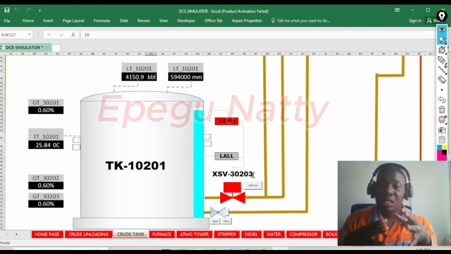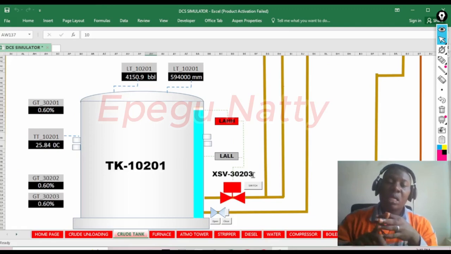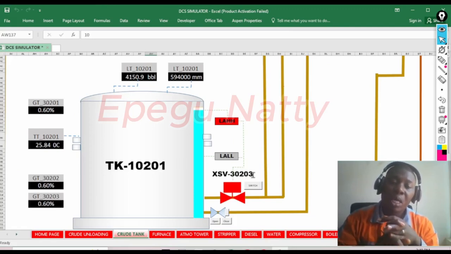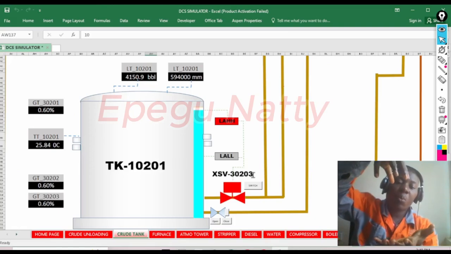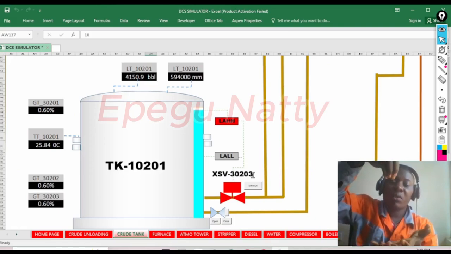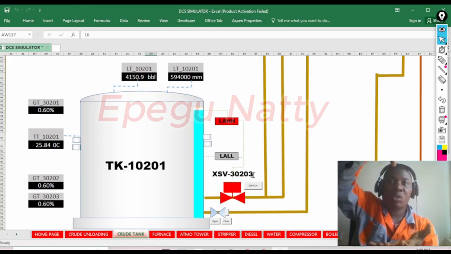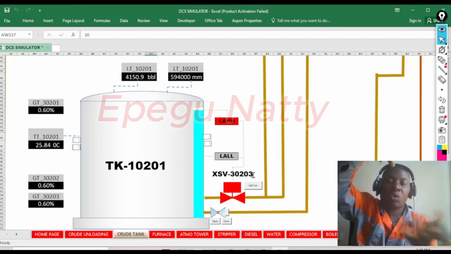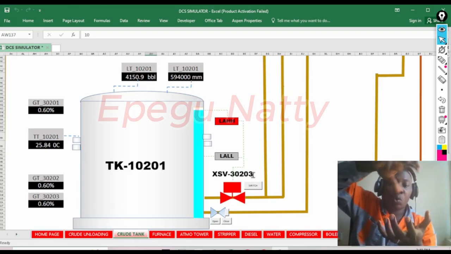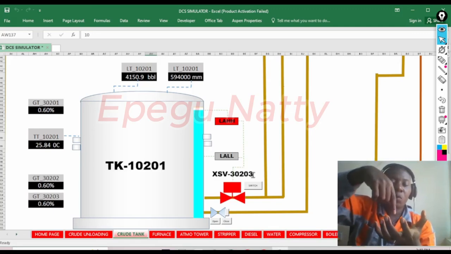You analyze it by looking at the interlock, the sensor, and the actuator. The actuator is the top part of the shutdown valve. The shutdown valve has an actuator, and it has your ball valve or your gate valve. So let's say ball valve. The actuator is what controls the valve to close or open, right?